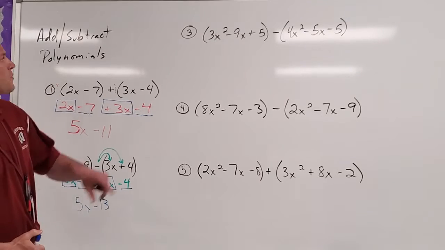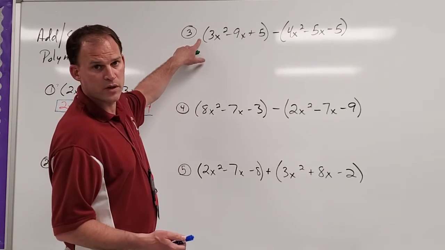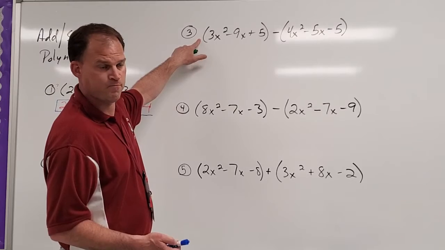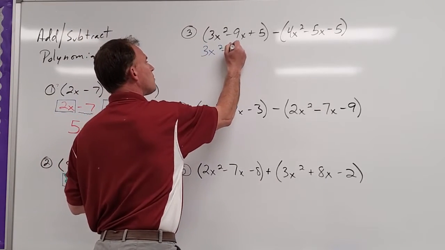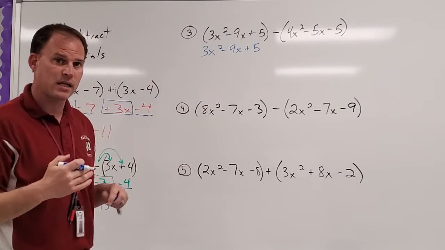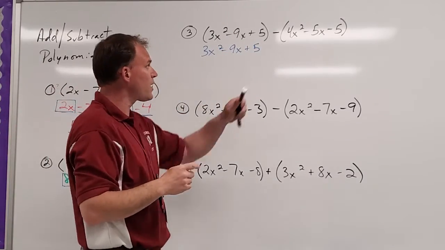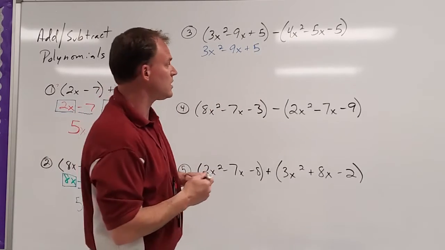All right. Number 3, is there anything in front of the parentheses that's going to make a change? Nope. So copy that down exactly as it was. Is there anything in front of this parentheses that's going to make a change? Yes, there is.